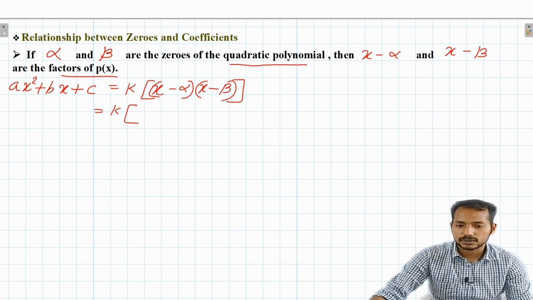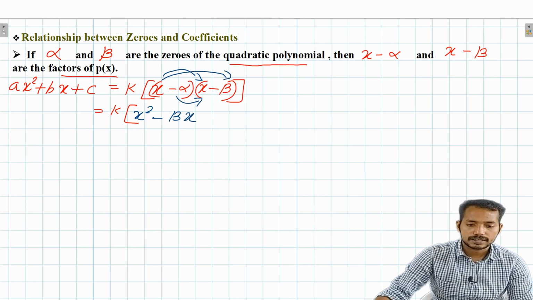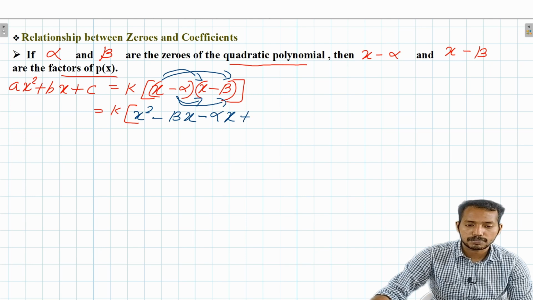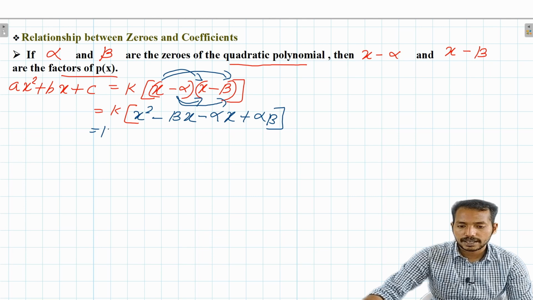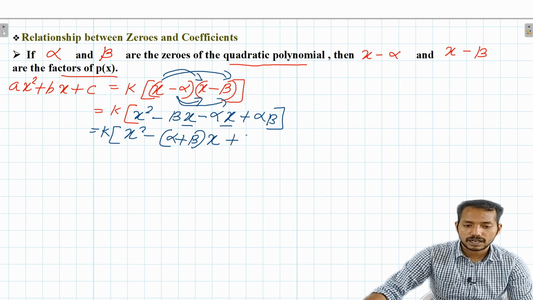First multiply that one. x into x is x square, minus beta x, next minus alpha x, and last, minus alpha into minus beta will be plus alpha beta. That is equal to k into x square minus x, which is common in both the terms, so take it outside. We will get alpha plus beta into x plus alpha beta.